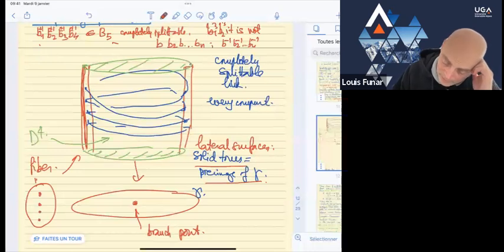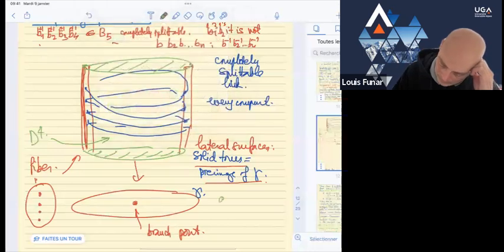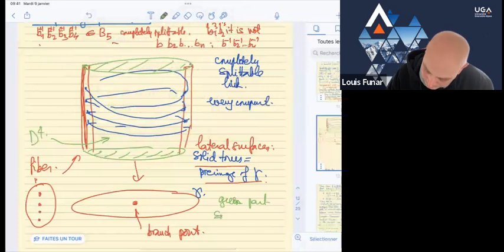Okay, and the caps up and down are corresponding to the green part. Green part you can see here is also a solid torus.